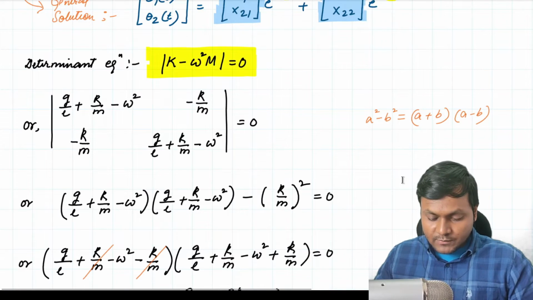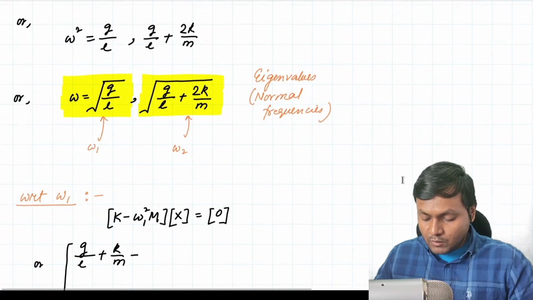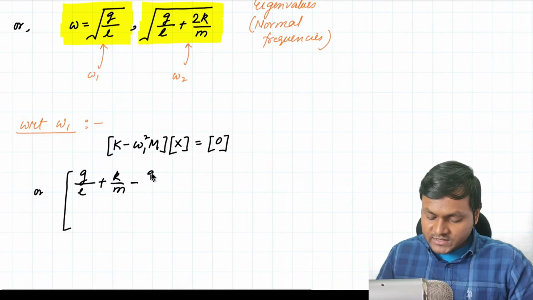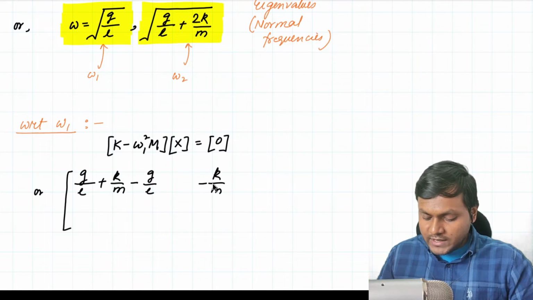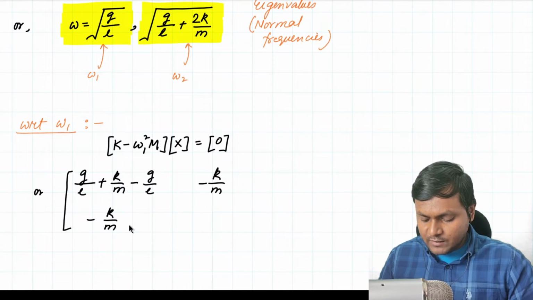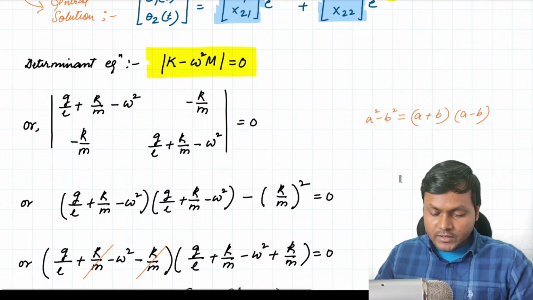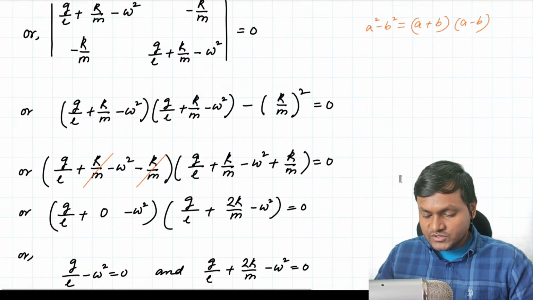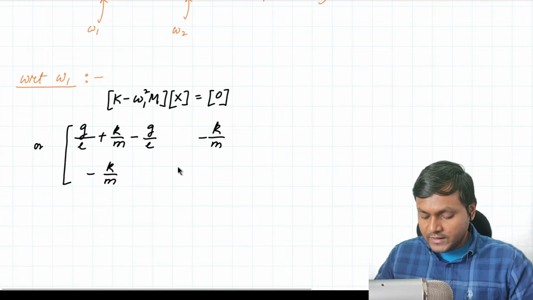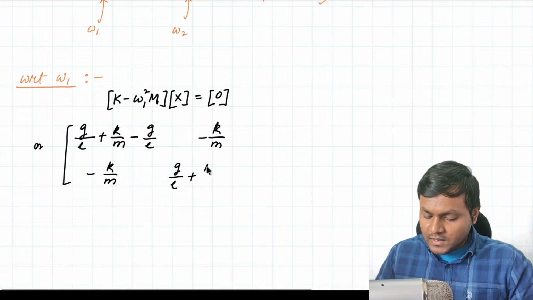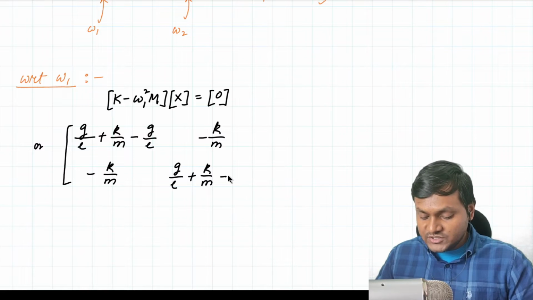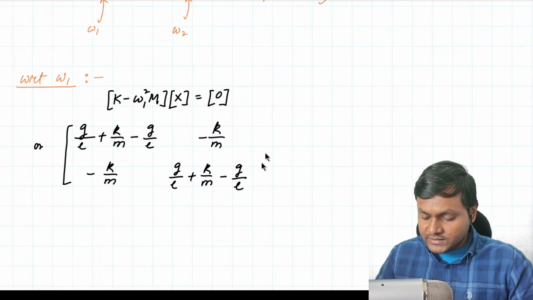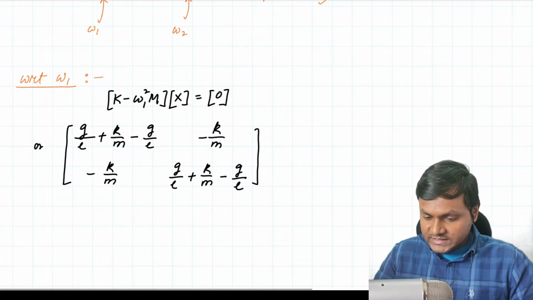So omega 1 square is just g upon L. The second term was minus k upon m, and the third term was minus k upon m, if I remember correctly. Yes, and the fourth term is g upon L plus k upon m minus omega 1 square. So omega 1 square is just g upon L. All right, that's it. Quite easy.